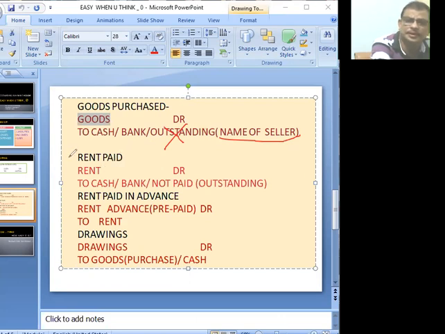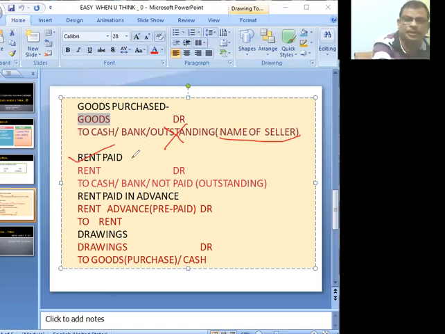So see, in the second case, suppose rent paid. The rent we have already paid, and rent is an expenditure. So every expenditure we have to book on the debit side. So rent account will be debited. It is clear. Then second comes what we have to pay.